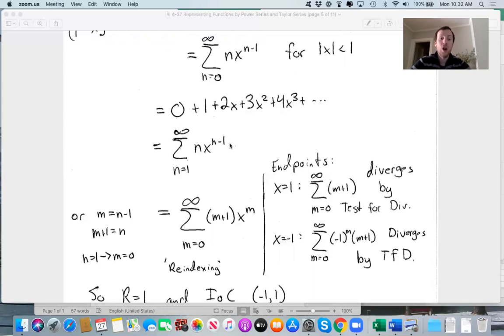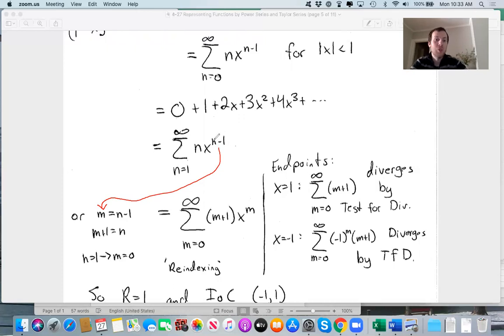So we can do what's called a re-indexing. What that means is this n minus 1 here, let's replace that. We're going to call that m. We want our exponent to just be a single number, not this n minus 1.